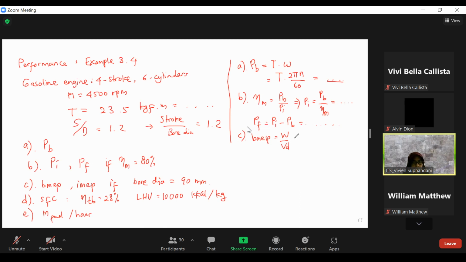The work is equal to the power multiplied by nR over N, times N, which is the rotational speed. You can write it as N capital, because this one is using small n. I'll just write it here as n small.